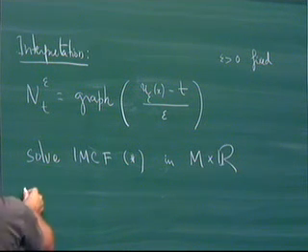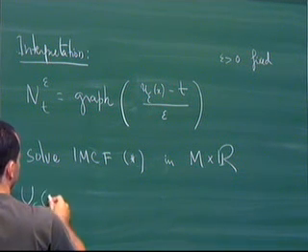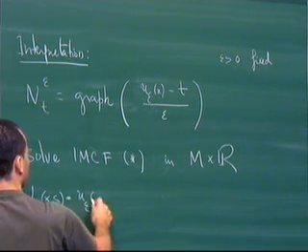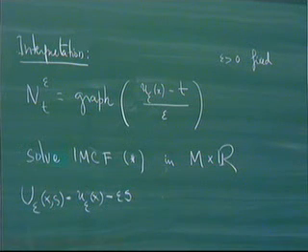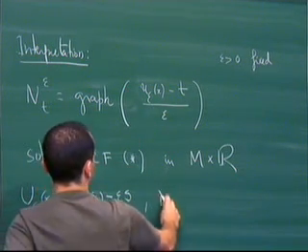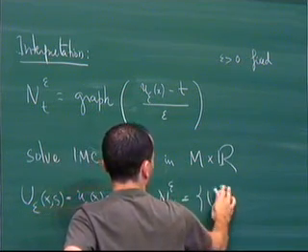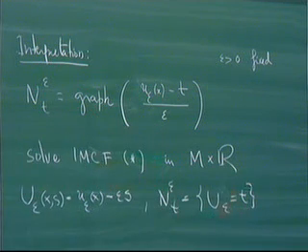You can, for example, define capital U epsilon as the function that takes x, s, and sends it to u epsilon of x minus epsilon s, for example. This is a function defined in the product, right? And then it's easy to see that this graph is exactly the set of points where this function is equal to t.